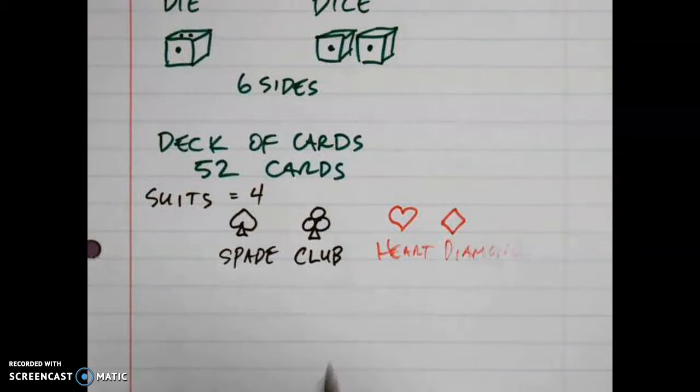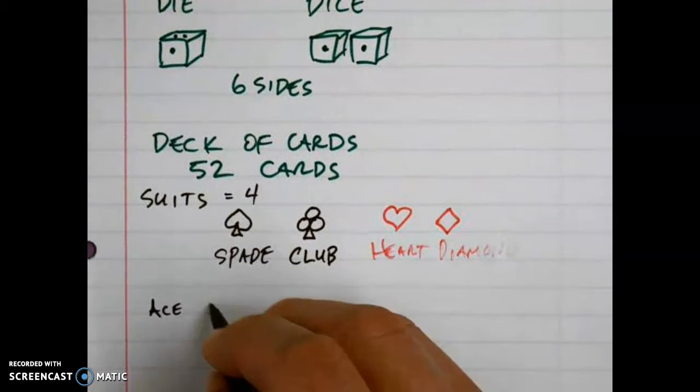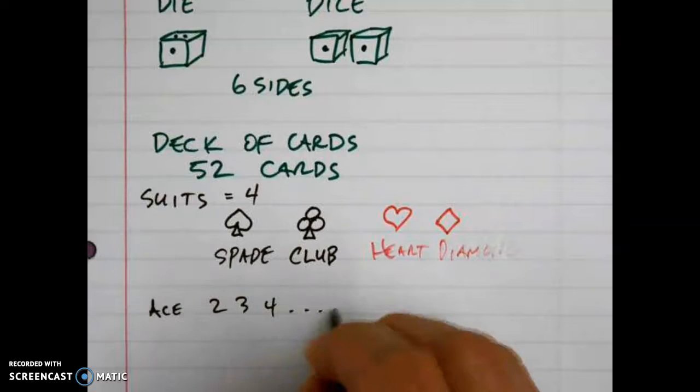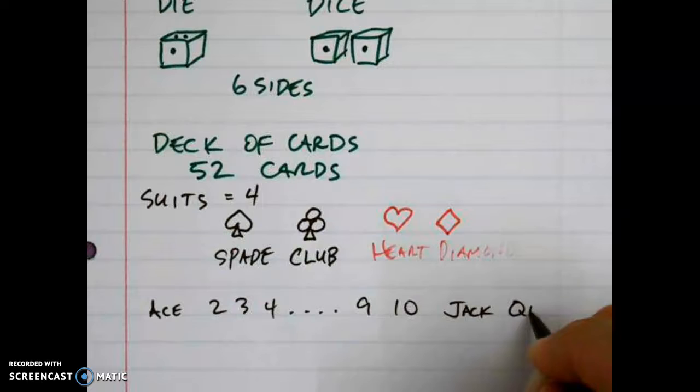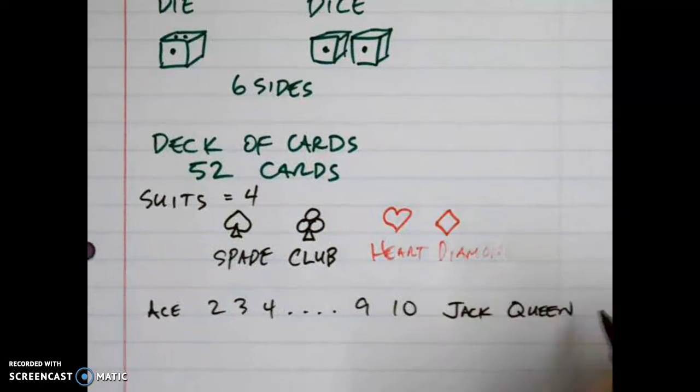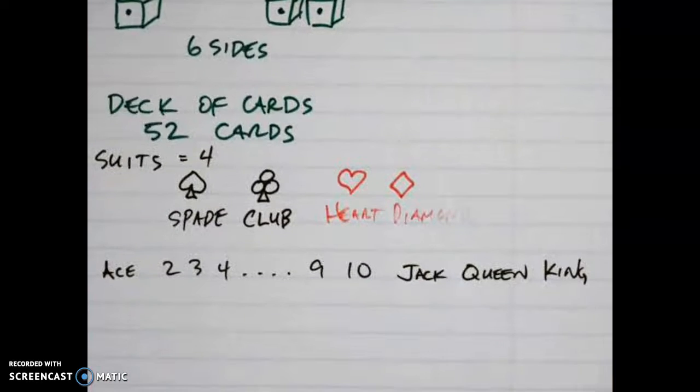Alright. Next, we have ace, 2, 3, 4, up to 9, 10. Then we have our jack, our queen, and our king. Okay?